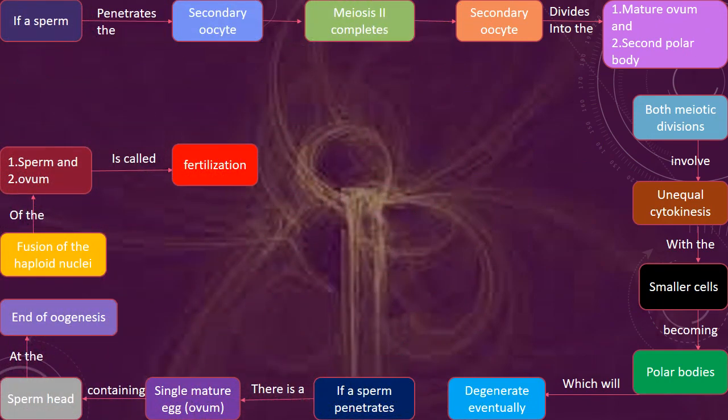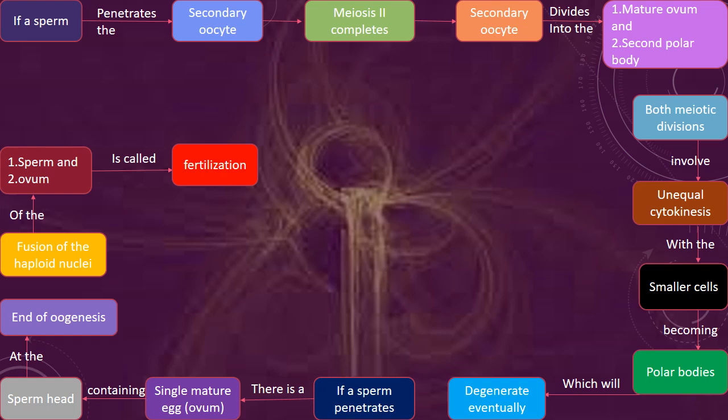If a sperm penetrates the secondary oocyte, meiosis 2 completes. The secondary oocyte divides into the mature ovum and the second polar body. Both meiotic divisions involve unequal cytokinesis, with the smaller cells becoming polar bodies, which will eventually degenerate.